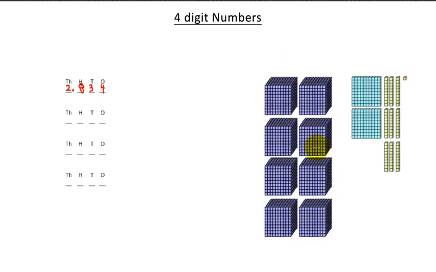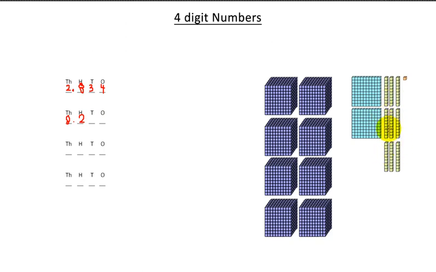Let's move on to the next one. Again, I start with the thousands. How many of them are there here? 8. The dot. Then the hundreds. There's 2.